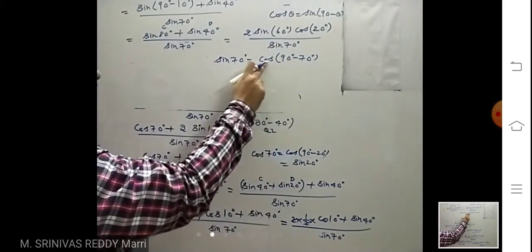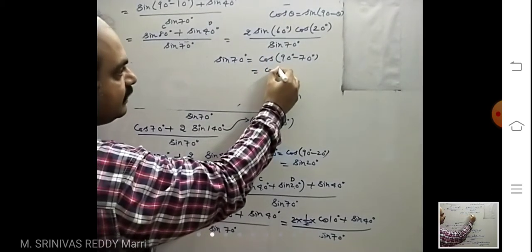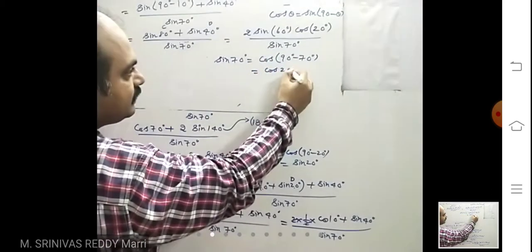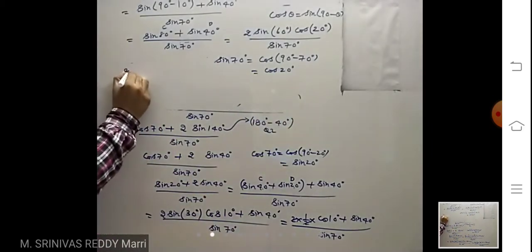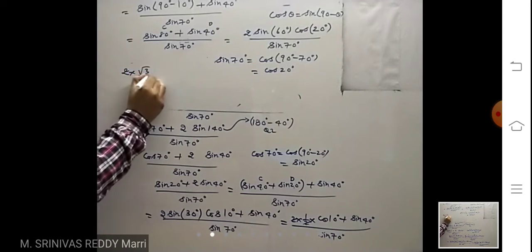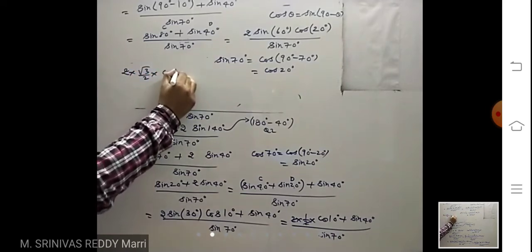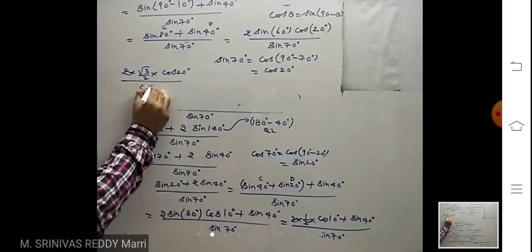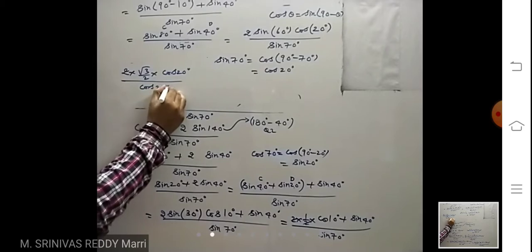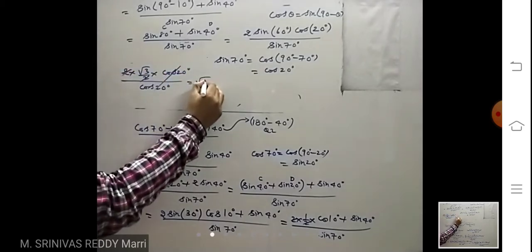Sine theta is nothing but cos of 90 minus theta. That means this is nothing but cos 20 degree. So you got 2 into sine 60 is root 3 by 2 into cos 20 degree divided by cos 20 degree. So what is the answer? Root 3.